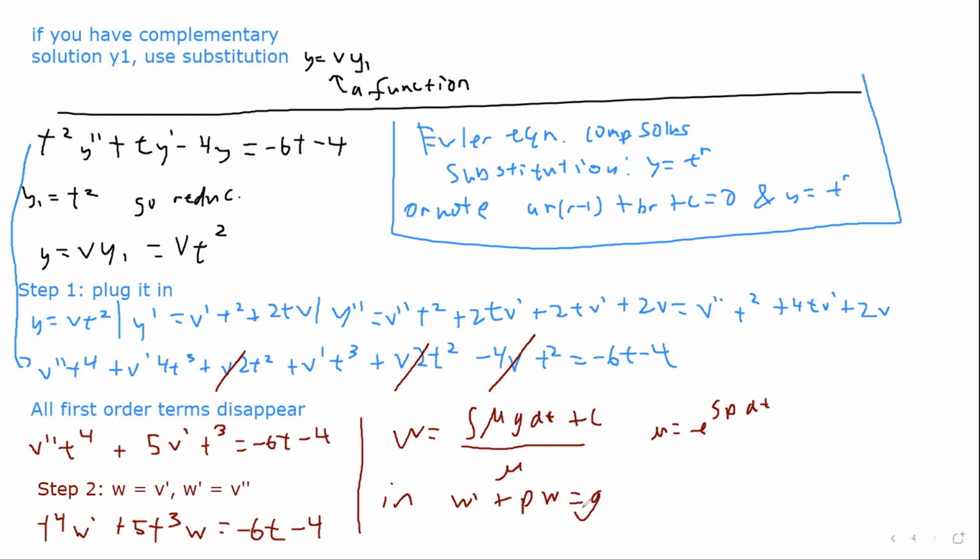So we will rewrite this equation on the next page, but I'm going to divide out t to the 4th. So on the next page, we have w prime plus 5 over t times w equals negative 6 over t cubed minus 4 over t to the 4th.